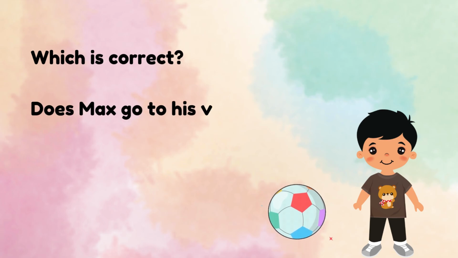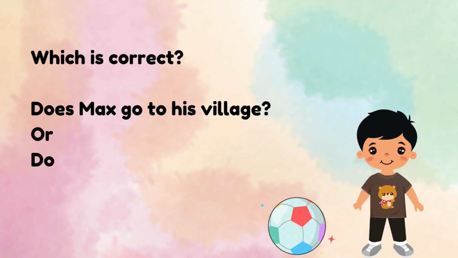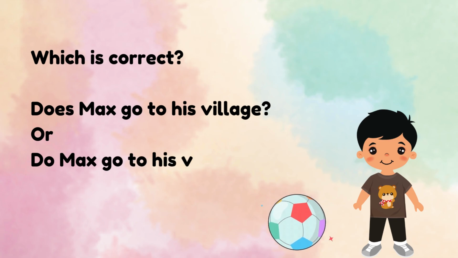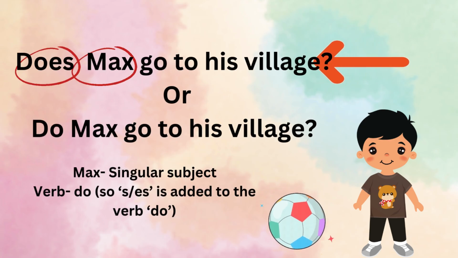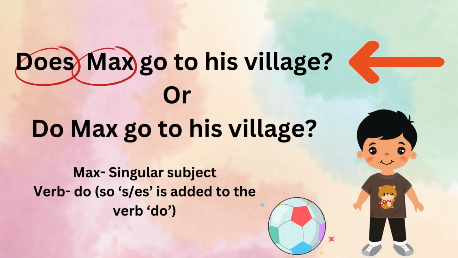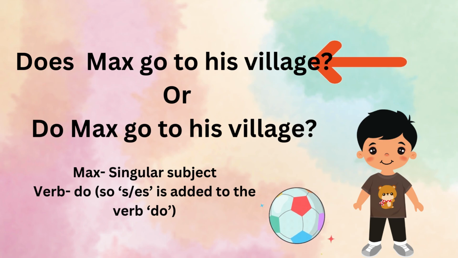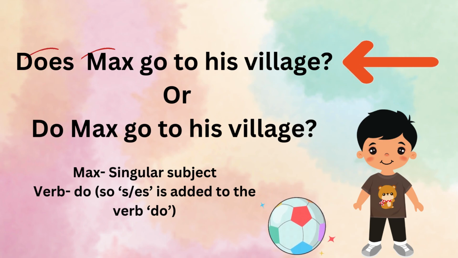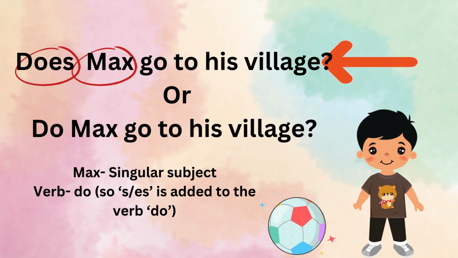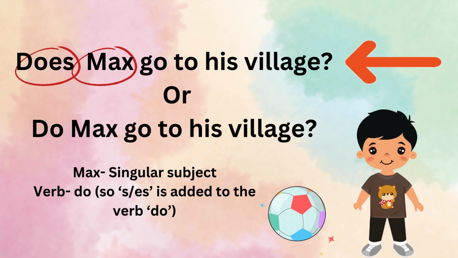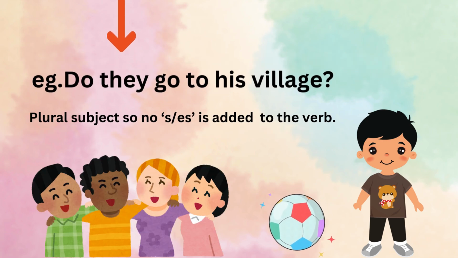Does Max go to his village or do Max go to his village? Here the correct answer is does Max go to his village? As Max is singular, and S or ES is added with the verb do, it makes does Max go to his village, or do they go to his village?